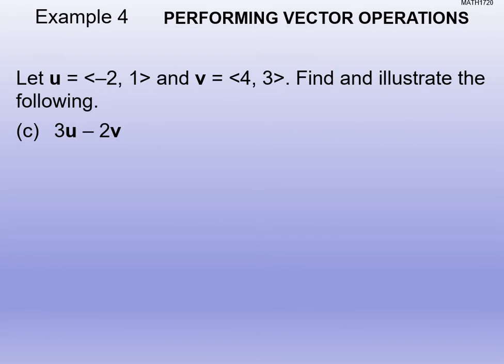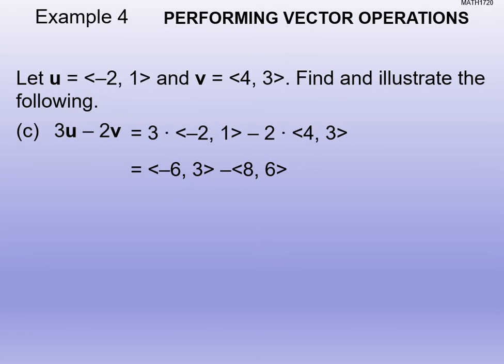All right, let's do a subtraction now. We got 3U minus 2V. So 2 parts to this problem. We got a scalar on each one, and then we got to subtract. Do the scalar first, all right? So 3 times -2, 3 times 1, or you can just do 2 if you want and do the subtraction piece later. So you can do 2 times 4, 2 times 3, get those values, and then we can subtract them. All right, so we should end up with -6, 3 minus 8, 6, all right?